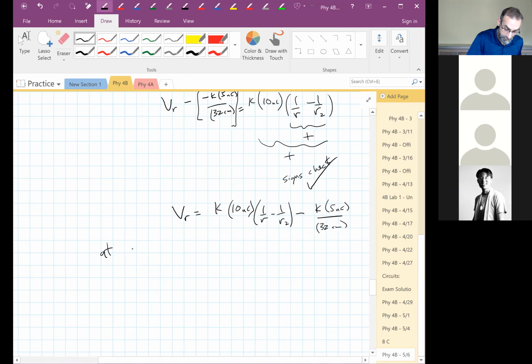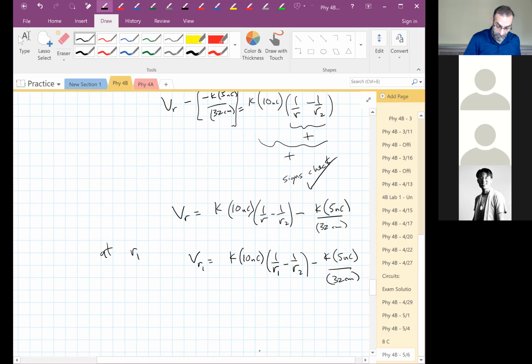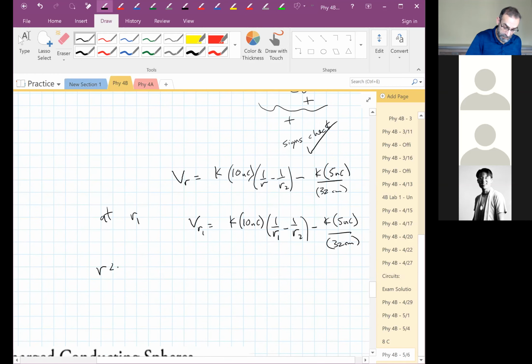So at R1, we just plug R1 into this equation. K, 10 nanocoulombs, 1 over R1 minus 1 over R2 minus, why does stuff disappear? I think that was 5 nanocoulombs. Okay, so that's a constant. That's the value at R1. And then when we move inside of R1, E equals 0, so V does not change.